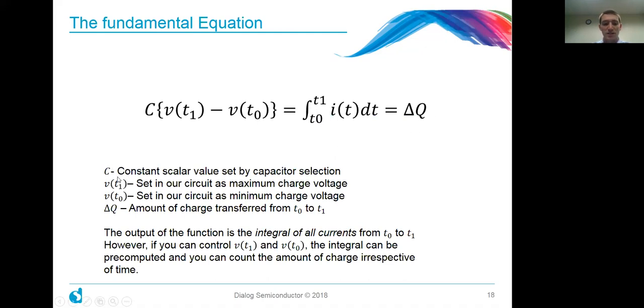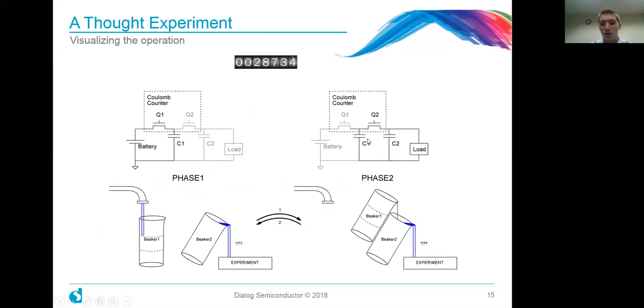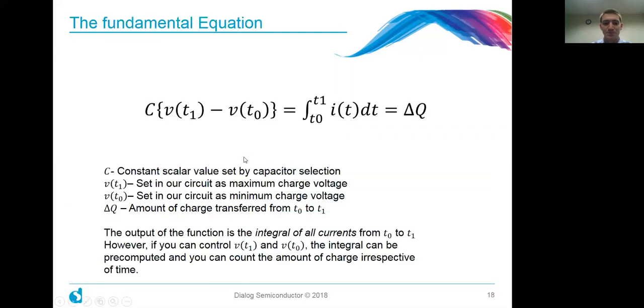So for our instance, the C is going to be a constant scalar value that is set by your capacitor selection. And that's going to be set by the C1 capacitor up here. The second is going to be VT1. So we're going to set that in our circuit as the maximum charge voltage, or the maximum fill line.